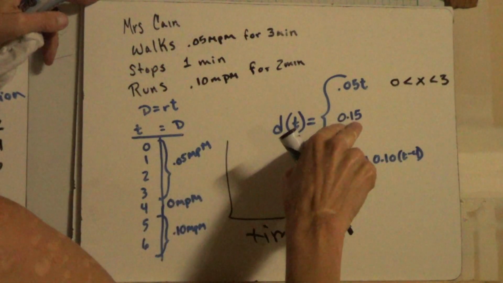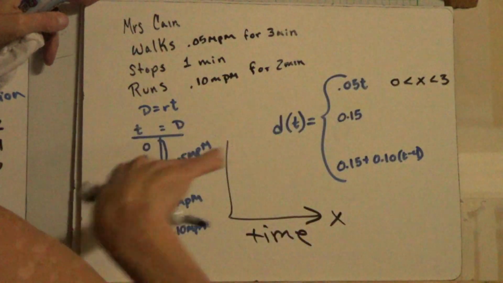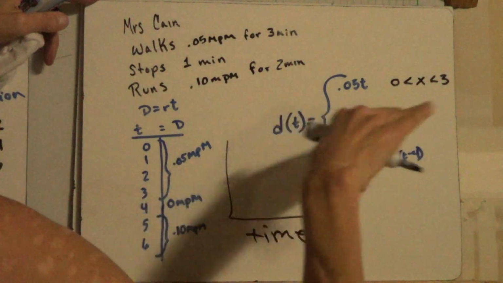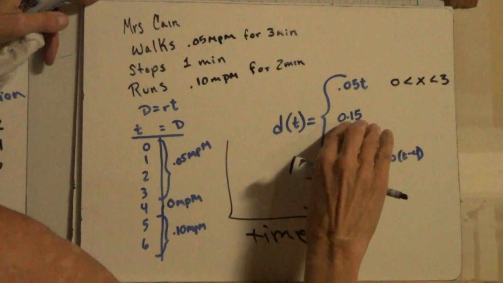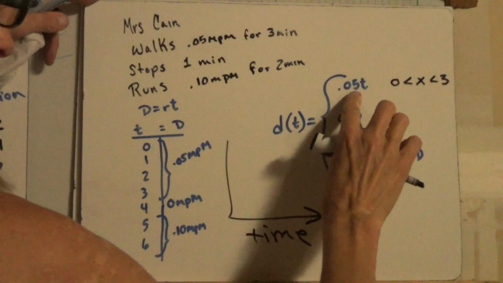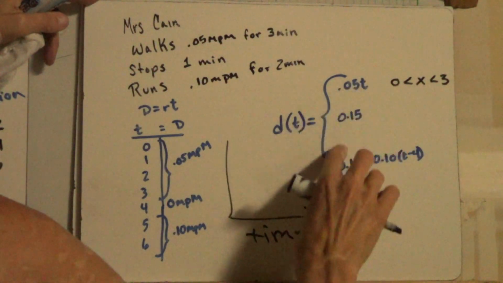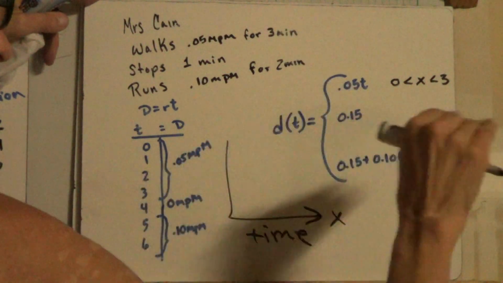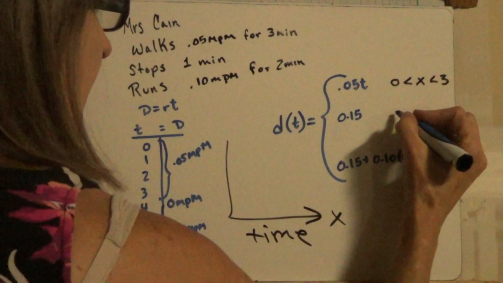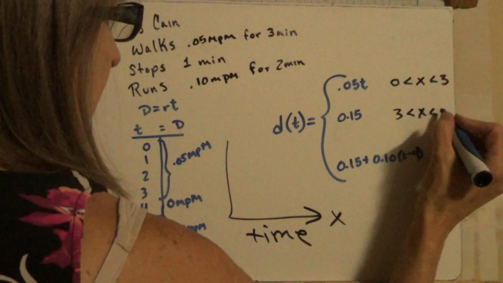Then I don't travel at all. Notice I don't have a rate or anything. This is just y equals 0.15. The way that I managed to get 15, I would give it to you, but you could get it by saying, well, I traveled 3 minutes at 0.05, so I would get 0.15 where I'm standing still. And this is between 3 and 4 minutes.